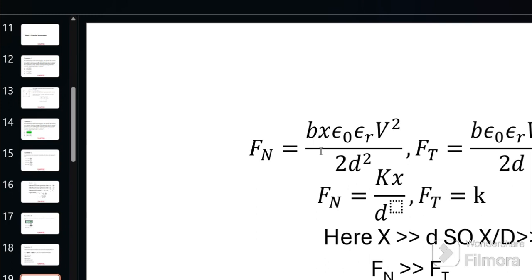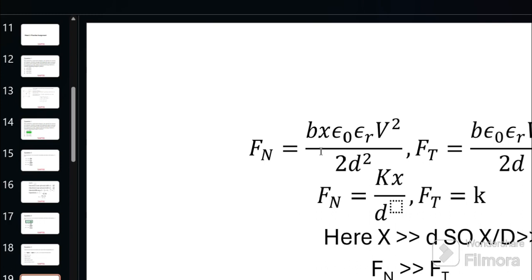From the lecture slides you already know that this is the correct equation for normal force under tangential force, and then we substitute B epsilon naught epsilon r V square upon 2D with K, and then what we get in the normal force is x by d.